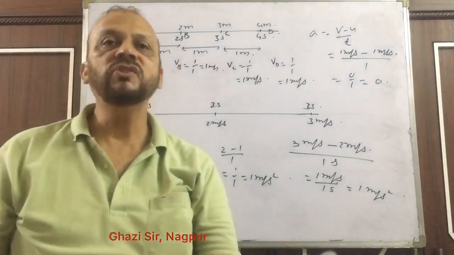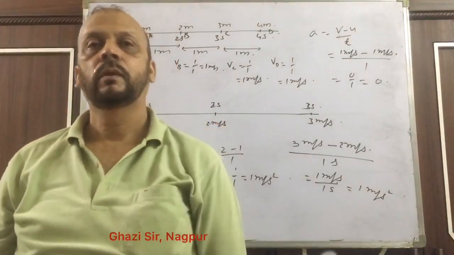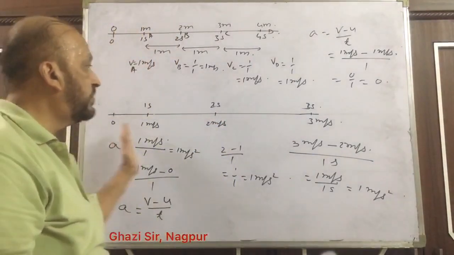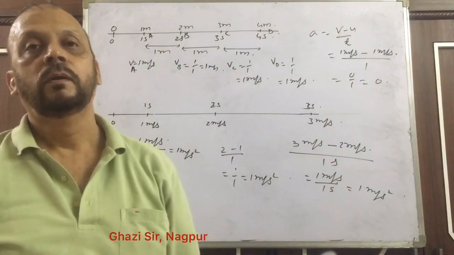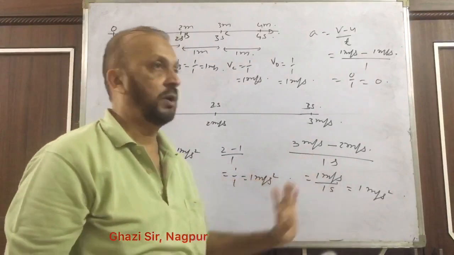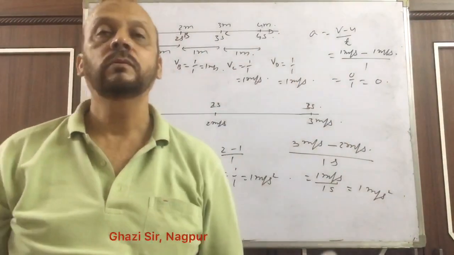So if velocity is not changing, then acceleration would be 0. If velocity is increasing, then acceleration would be positive. So this is a positive acceleration. It is also possible that velocity may decrease.